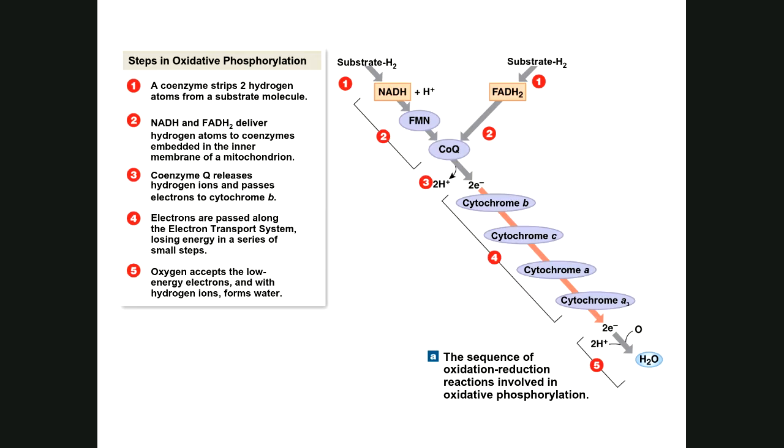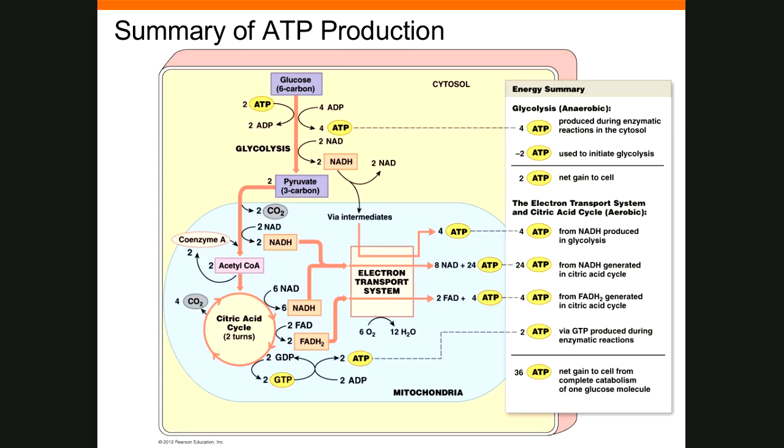Again, some general things. You don't need to know the names of the specific steps or the specific parts of any of the cycles. You need to know the start and the finish. So ultimately, if I look at the breakdown of glucose, in glycolysis I take a glucose and I cut it in half. So I get 2 pyruvates, I get 2 ATP. All of this ends up in the cytoplasm of a cell. I get some NADH molecules.